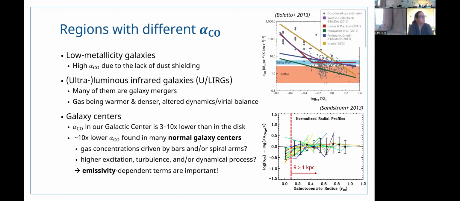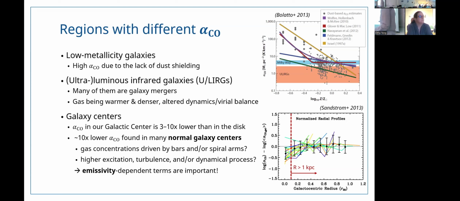And interestingly, recent studies have also found that alpha CO is systematically lower towards the central kiloparsec in many normal star-forming galaxies. So it is possible that activities in galaxy centers, like nuclear starbursts or gas inflows, these kinds of dynamic effects, can also alter the alpha CO values in this region.